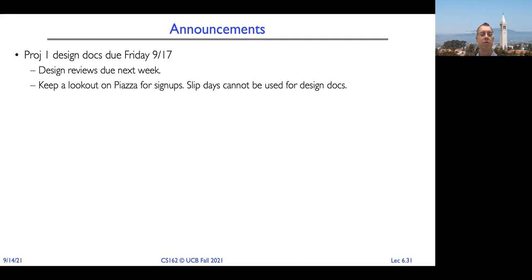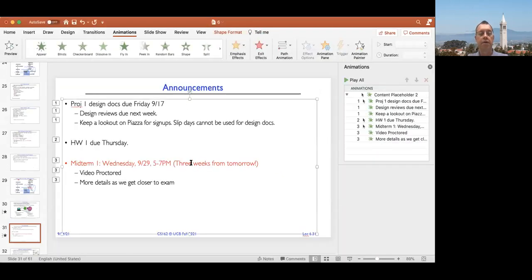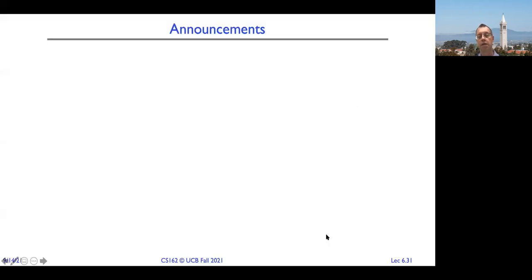The homework one is due on Thursday, and the midterm is in 15 days, 5 to 6 p.m. Oh, it will be 2 weeks from now, 2 weeks from tomorrow. Sorry, and it will be online and proctored, and we'll get more details next week. Okay.